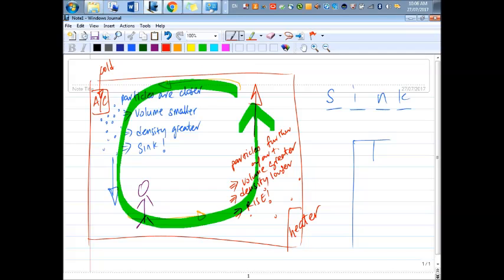Yes, Moss? Oh, okay. So what if I have a heater over here and an aircon over here? Then I'm going to have a very good convection current set up. Here, the heater will heat up the air, the aircon will cool the air. So you will have a very nice convection current happening. Then it depends on which one is stronger. Whether the aircon is more powerful or your heater is more powerful.